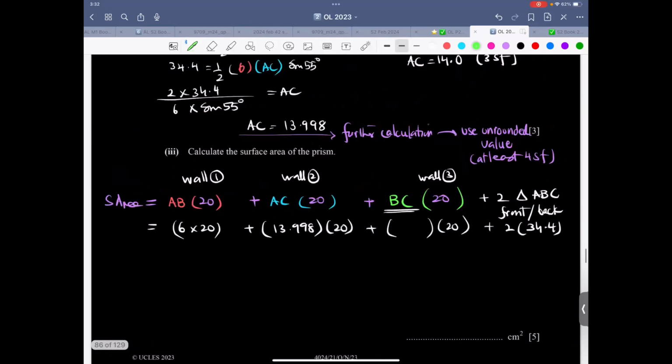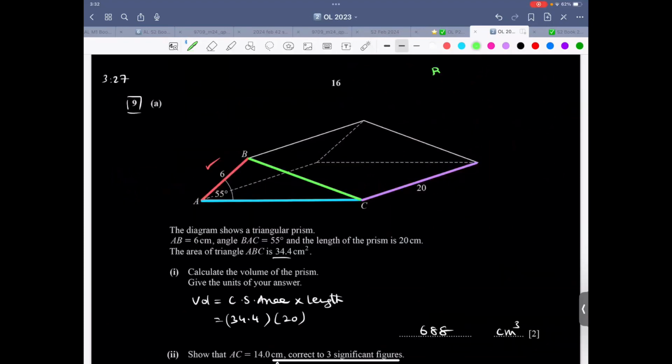Now, how can we find BC? We can find BC using cosine rule. So BC square is equal to 6 square plus 13.998 square minus 2 times, big bracket, 6 times 13.998, and this is cosine of 55 degrees.